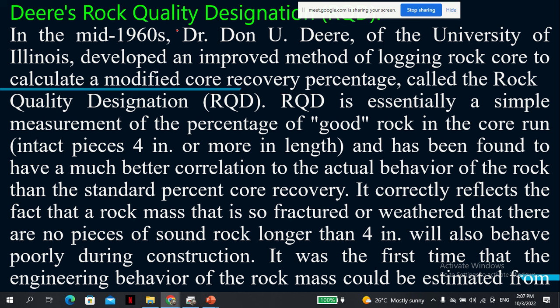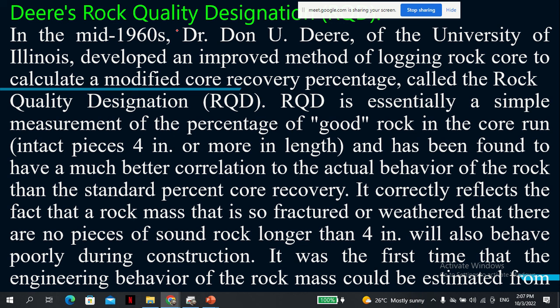Rock quality designation is by visual inspection, of course, measuring the length, how continuous or discontinuous. So if, for example, in a length of 1 meter you have recovered a whole 1 meter which is intact, then in terms of rock quality designation, that's 100%.